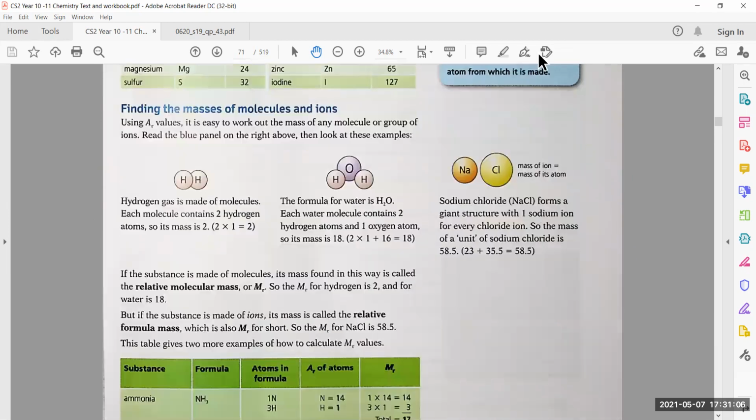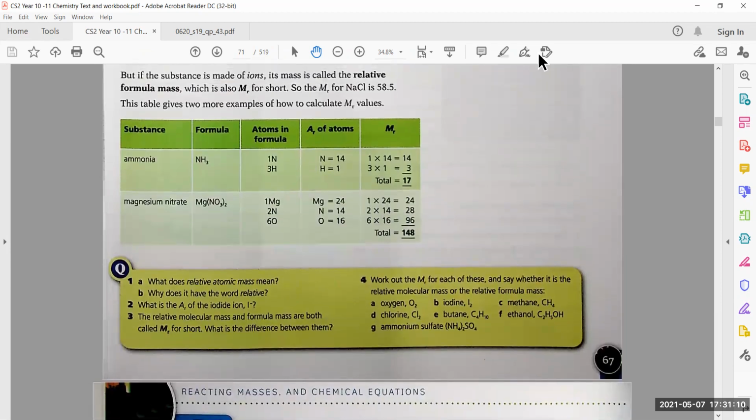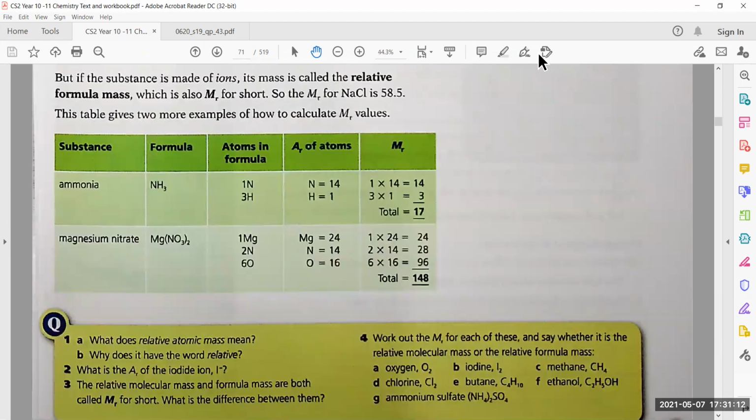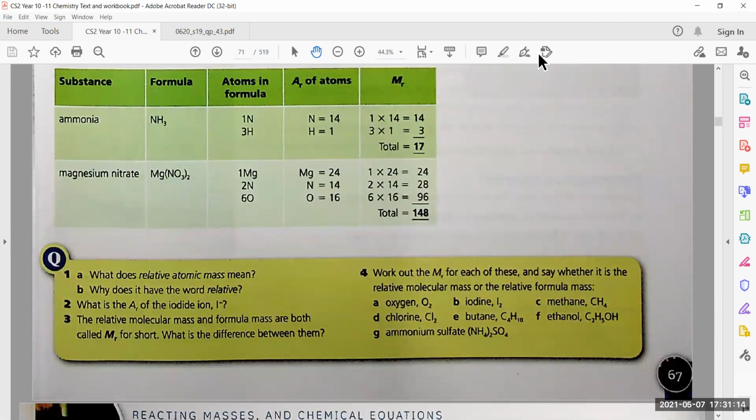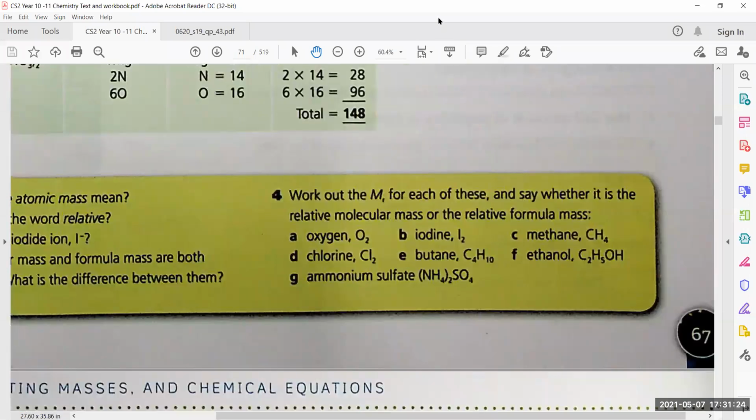You also have your periodic table. I want you to calculate the relative mass of these. Just do question 4.